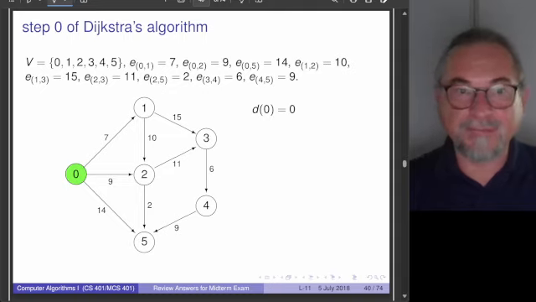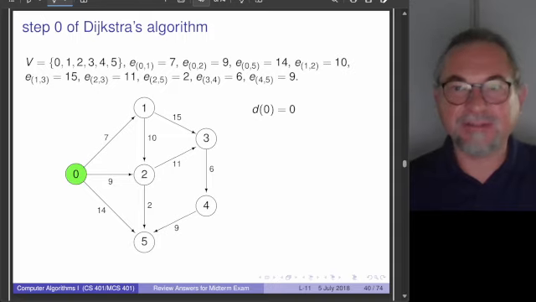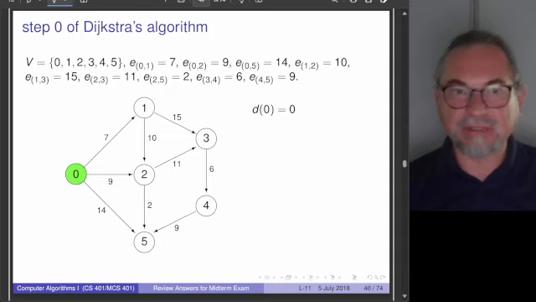Here again, for the sake of presentation, I'm drawing a very nice graph, and in the sequence of slides that follow, I copy that graph all over again. Now, what you actually are computing is one array of distances. It is initialized d of 0 equals 0.